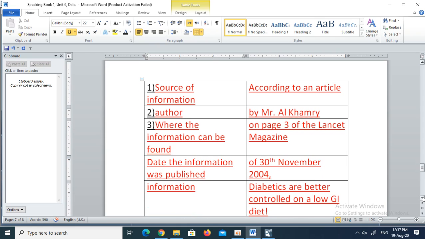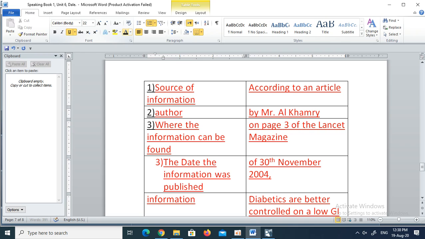I have to give you the date that the information was published on, and then I can give you the information itself.